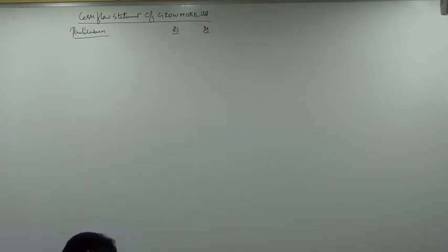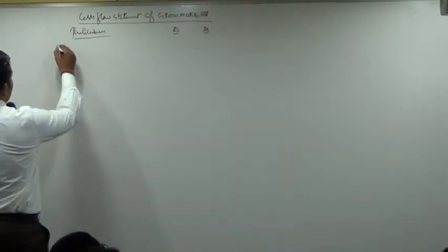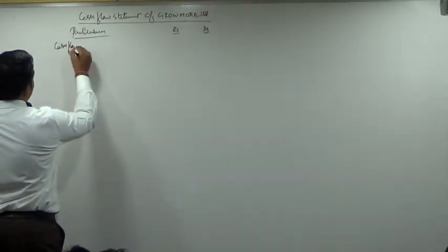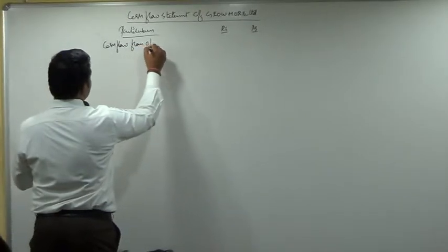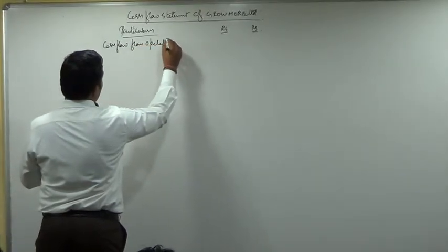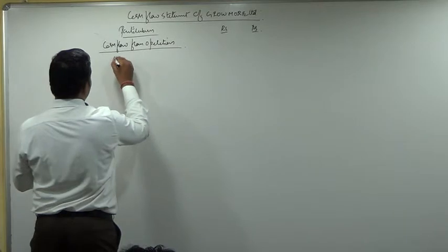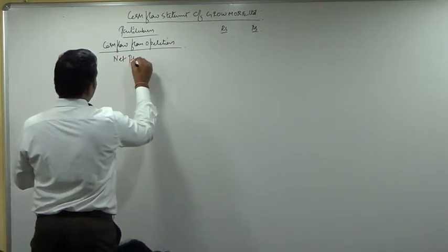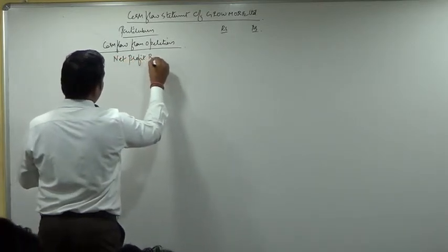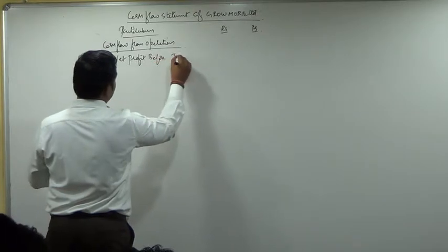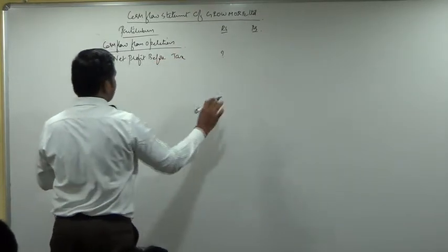Particulars, rupees and rupees. Help me out. We'll start with what? Cash flow from operations. What is the starting point? Net profit before tax. Starting point itself is not given.